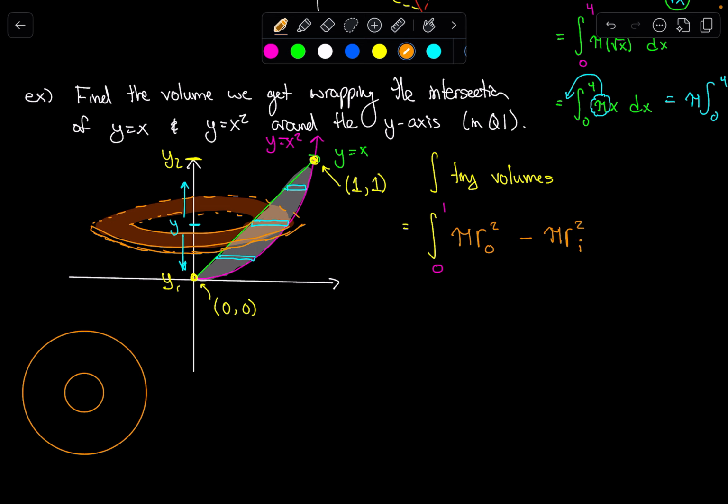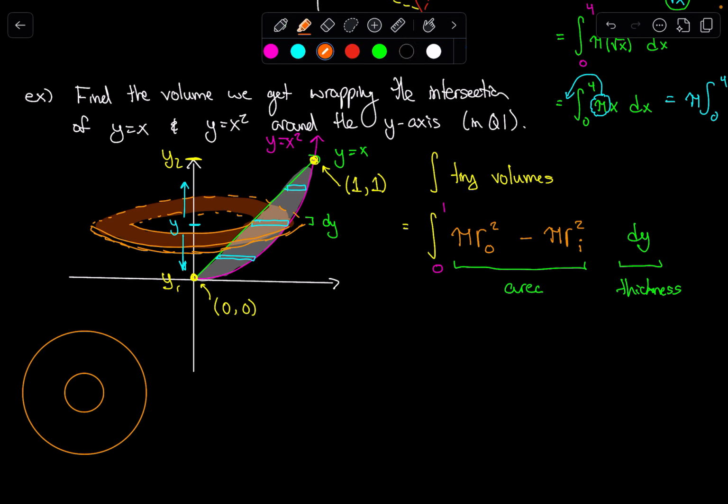And so this part here is the area of our shape. What's missing is the thickness. But now because we're drawing our strips horizontally, our thickness is now not dx, it is an infinitely small change in y, which we represent with dy.